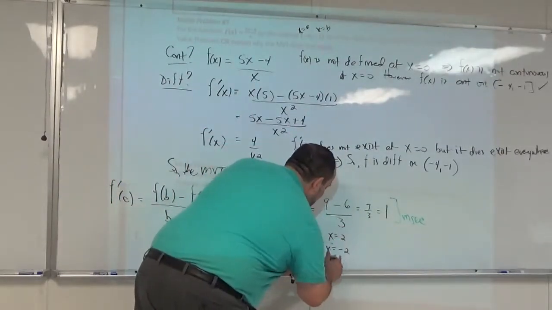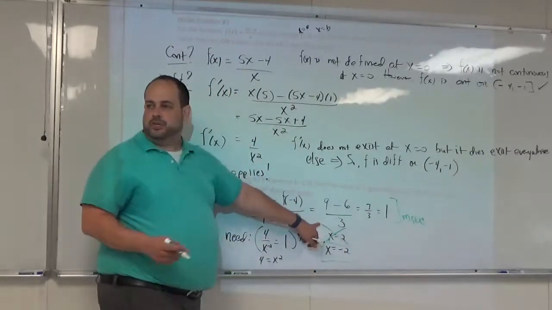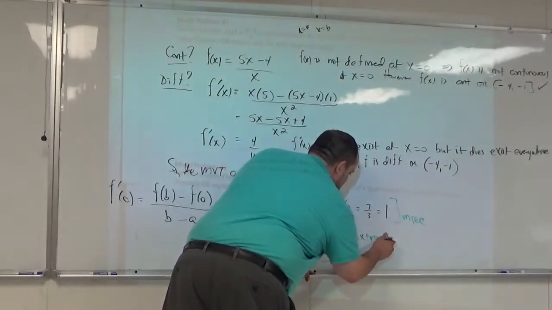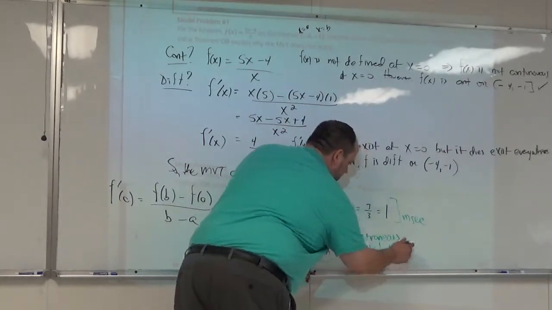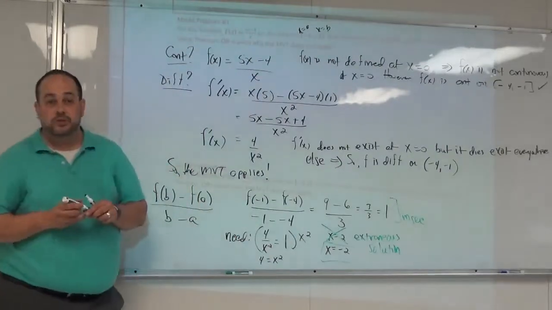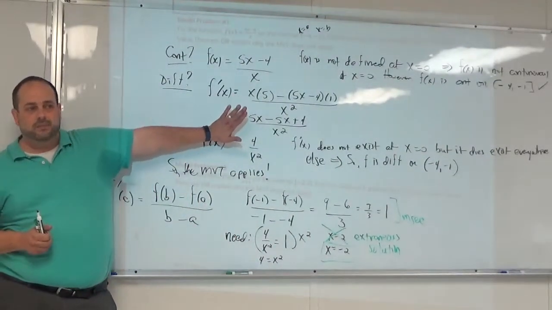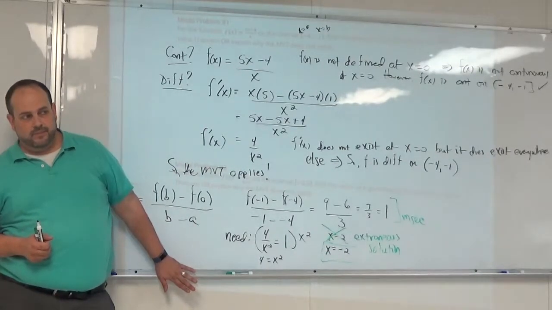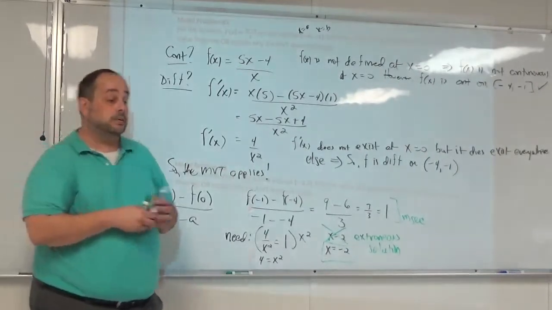So this guy here is the value of C that we're looking for. X equals 2 is the one we're going to throw out. The fancy word for this is extraneous. It's an extraneous solution. I know you've heard that in Algebra 2 and Pre-Calc. X equals negative 2 is the one that we care about. These are clearly going to be some long problems, some of the longest ones we've seen so far. All right, see what you can do with the next one.